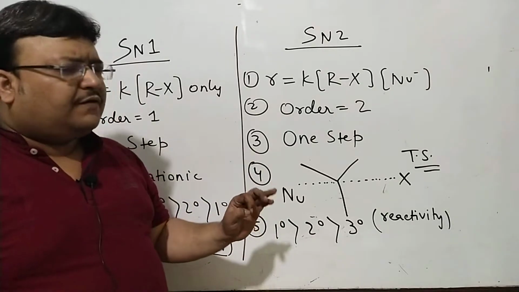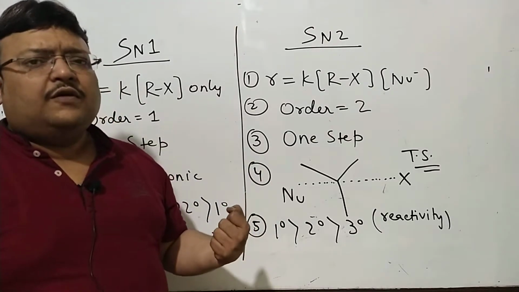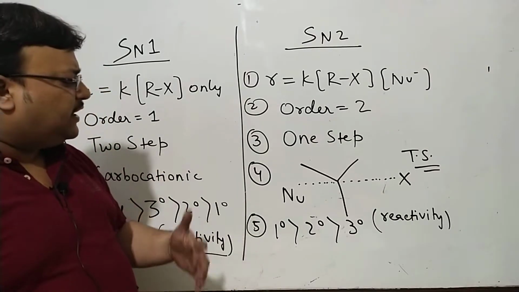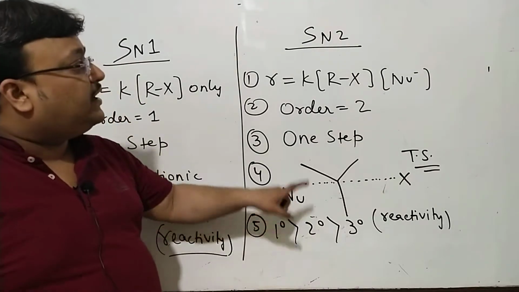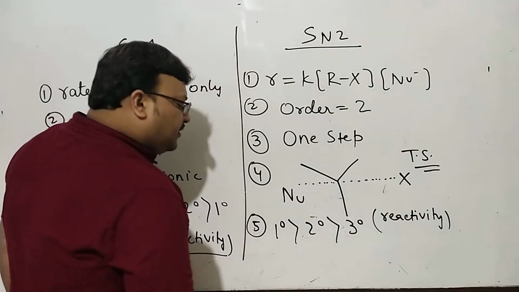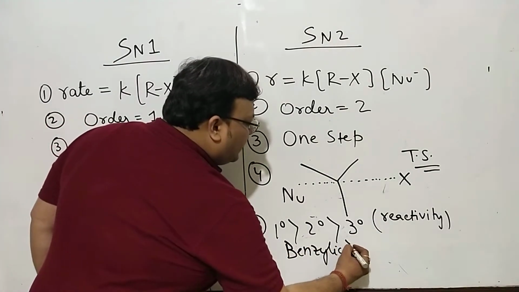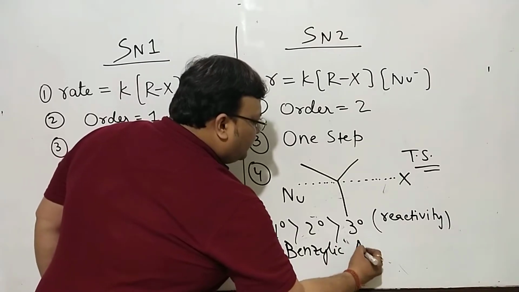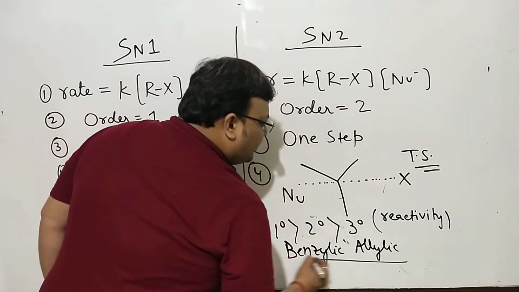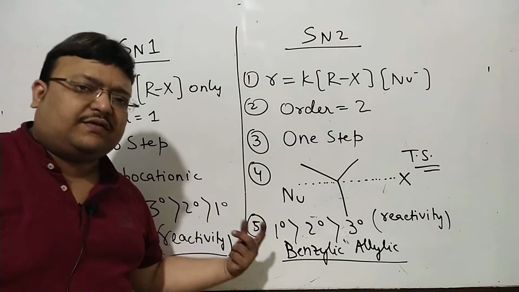For some reason which I am going to tell you sooner than later, in benzylic allylic, SN2 is also good. You know about benzylic allylic, and in benzylic allylic SN2 is good as well.